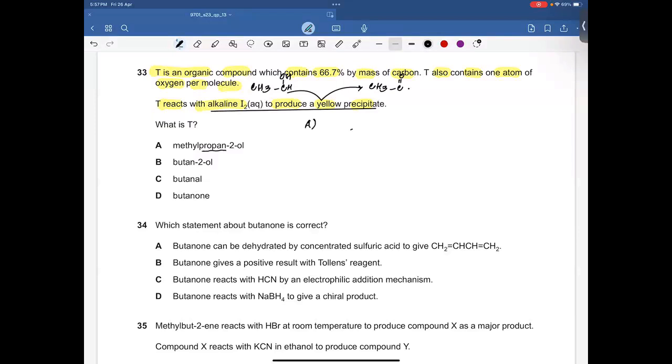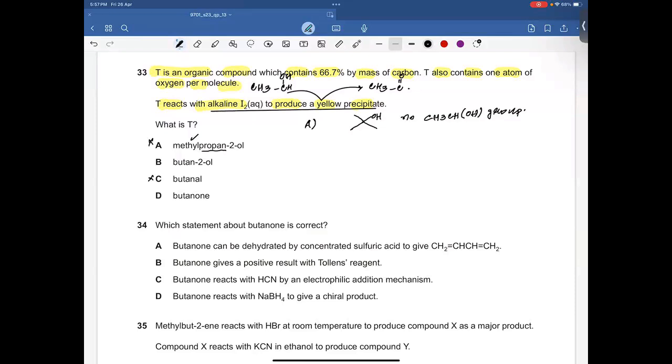Propane means 3 carbon atoms, 1, 2, 3. 2-ol means OH is attached to the second carbon. This methyl means it needs to be attached to this carbon. So this option has no CH3CHOH group, which means this compound cannot give the iodoform test, and therefore A is incorrect.